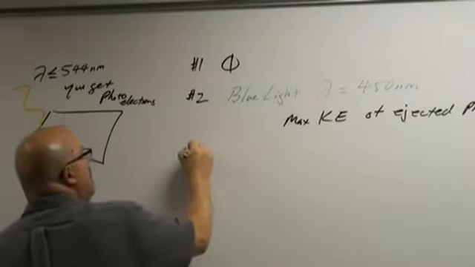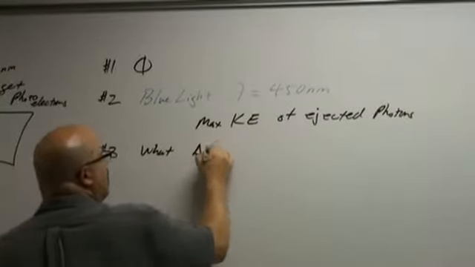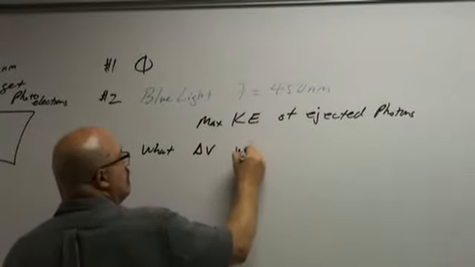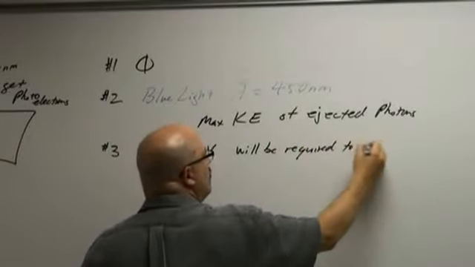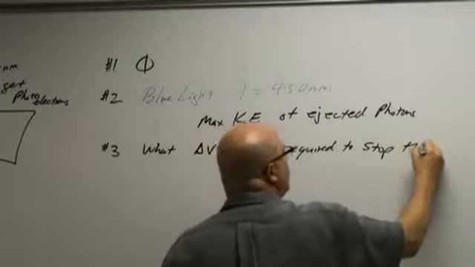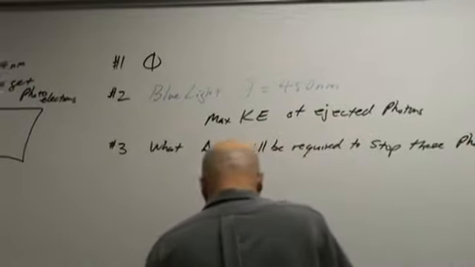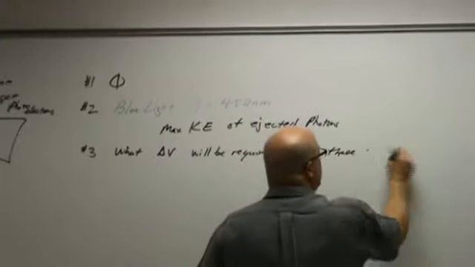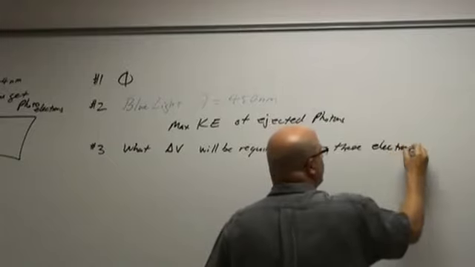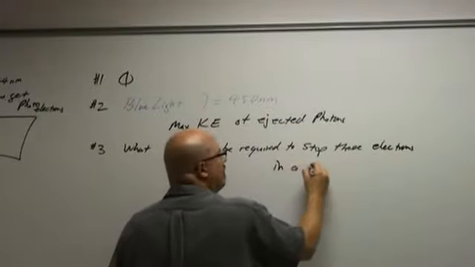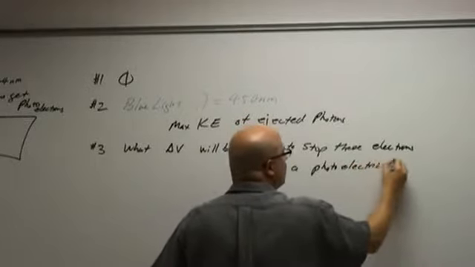And then number three, what voltage difference will be required to stop these electrons in a photoelectric circuit?